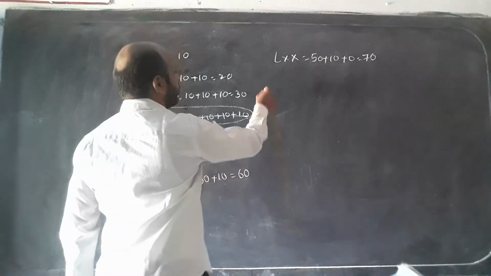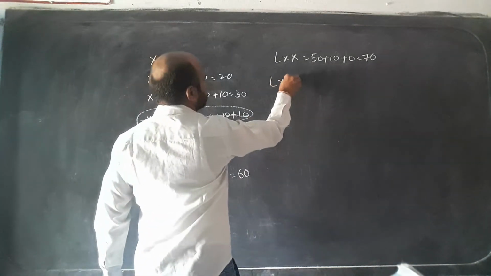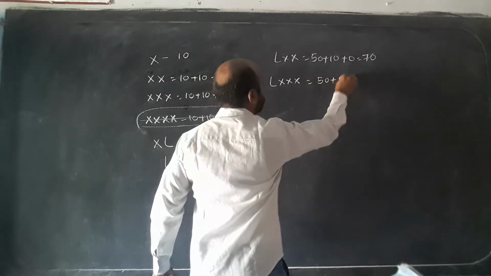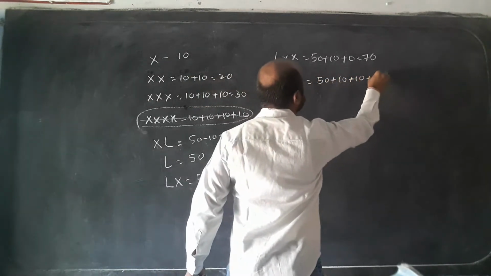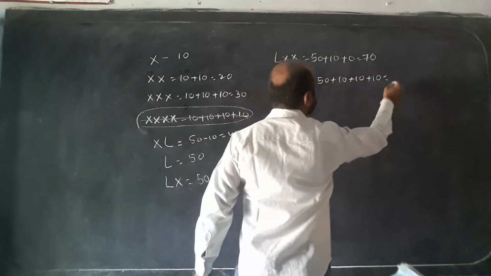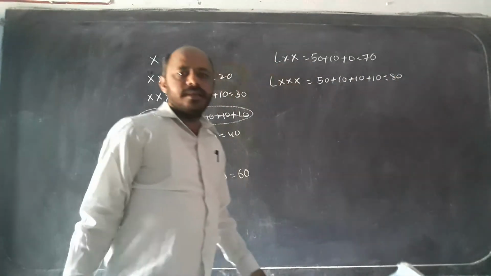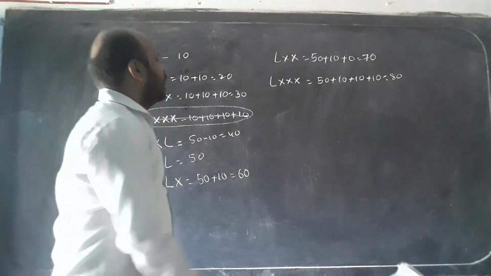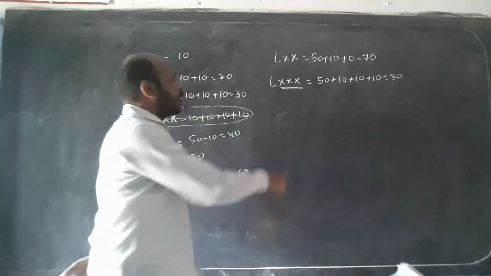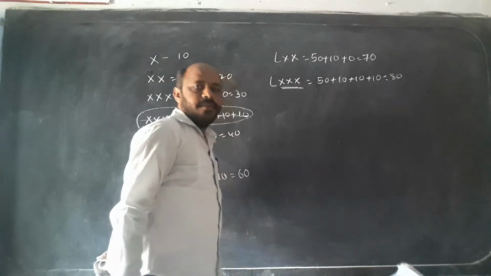Now see children, LXXX: 50 plus 10 plus 10 plus 10. 50 plus 10 is 60, plus 10 is 70, plus 10 is 80. Now see here, 3 are already over, so we can't repeat X one more time.